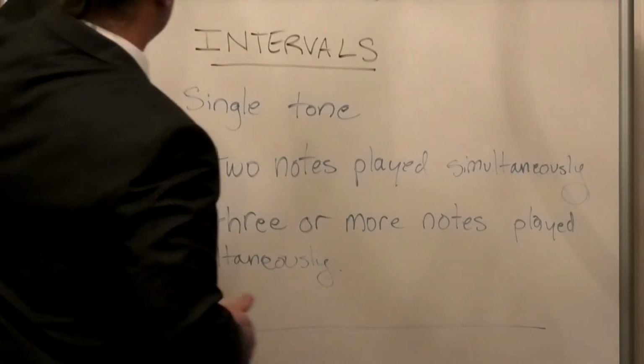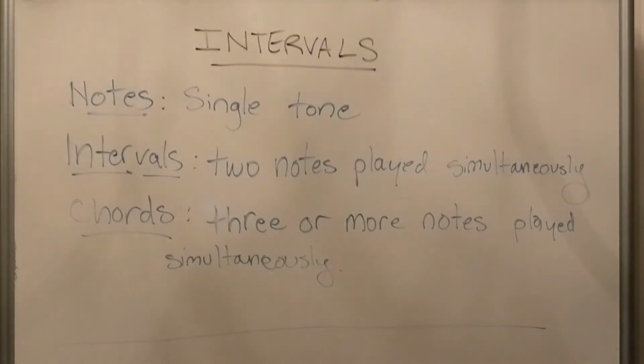We have notes, intervals, and chords. So I can start here. Notes. If I just want to sit down and compose some music, I could just kind of start with the note. Say, we'll just pick the key of C. Then I can go to intervals, 2 notes at a time.